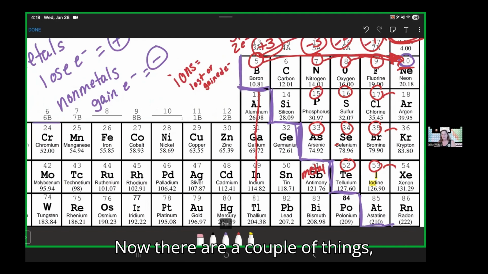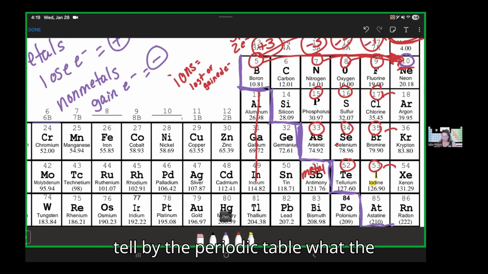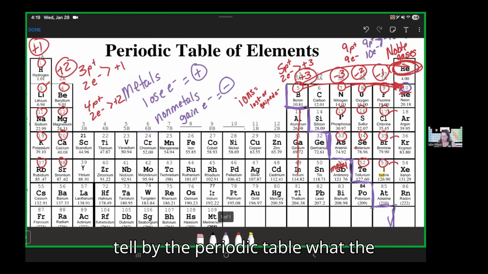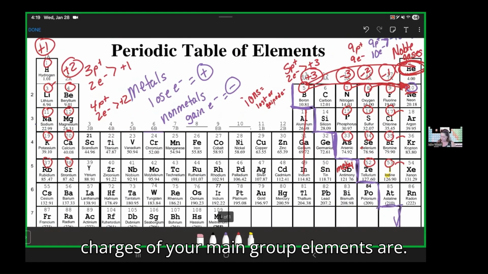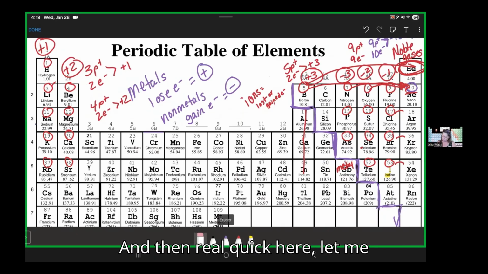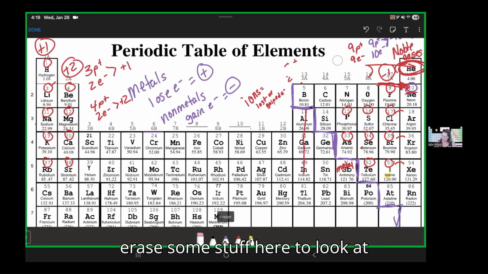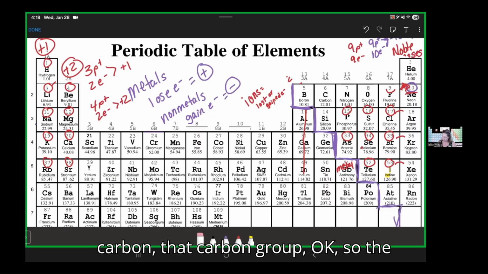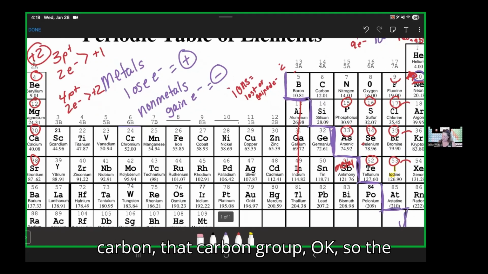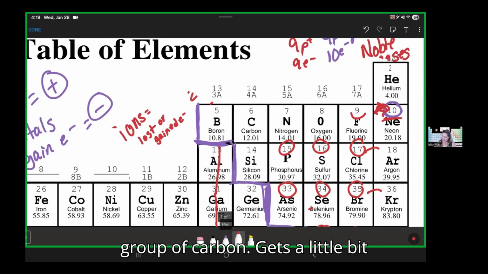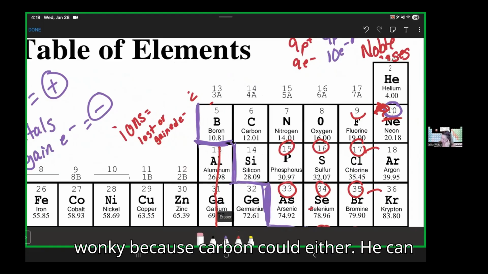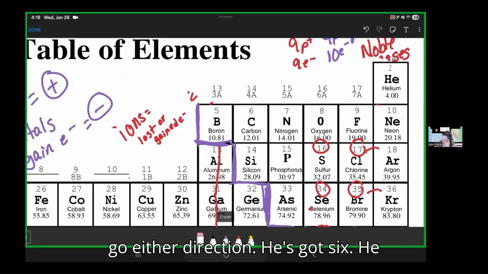Now, there are a couple of things, okay? So you can tell by the periodic table what the charges of your main group elements are. And then real quick here, let me erase some stuff to look at carbon, that carbon group. The group of carbon gets a little bit wonky because carbon can go either direction.